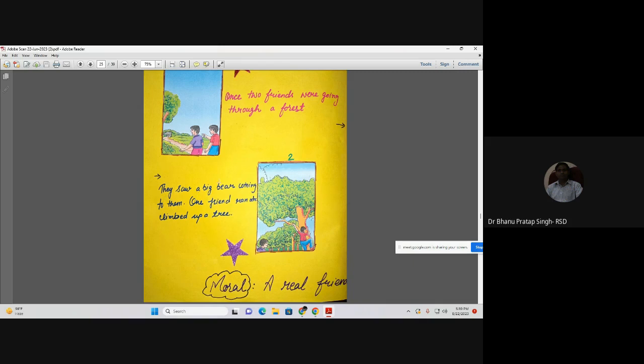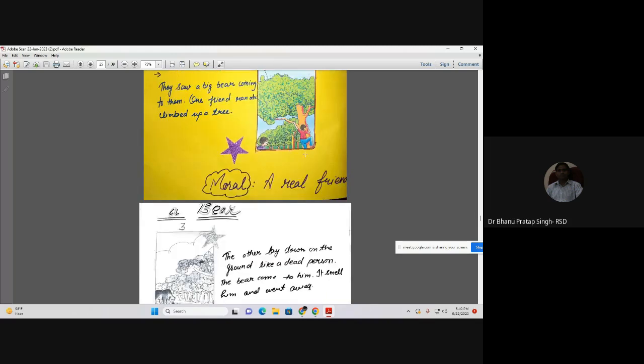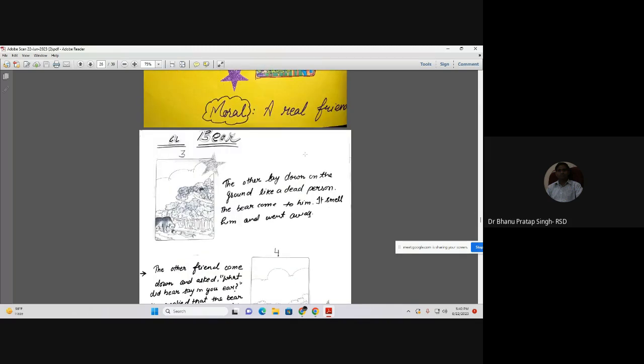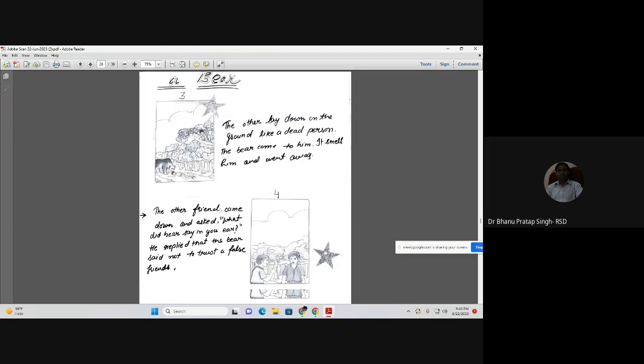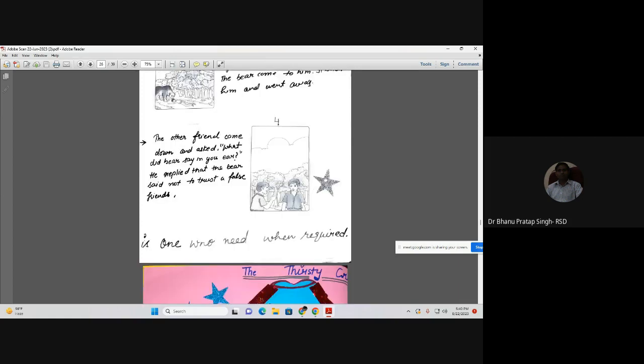If the child is not able to read, then a little bit of understanding is given by the picture. Here one bear came, and one is already on the tree. So this story you must have heard many times.